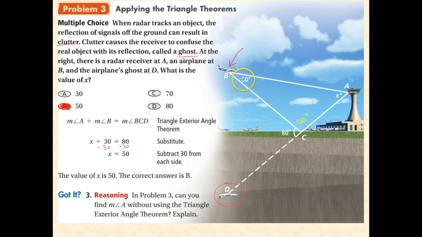And we can use the triangle sum theorem to say that 30 plus x plus 100 equals 180, and that's x plus 130 equals 180, and if you subtract 130 from both sides you get x equals 50.